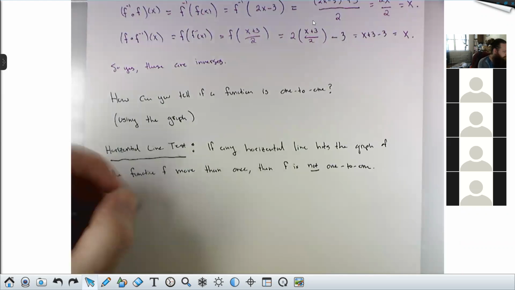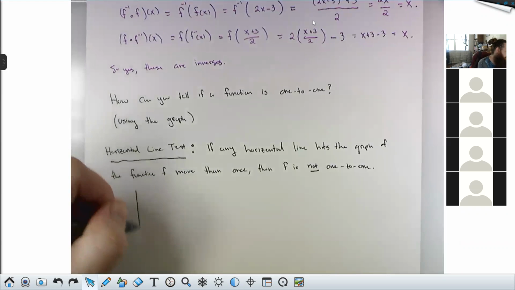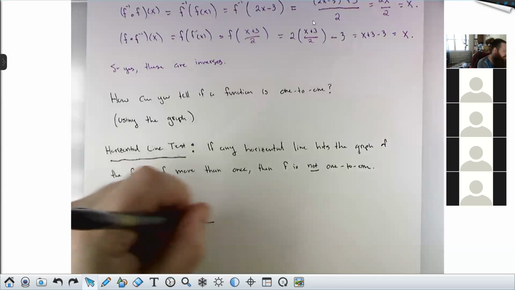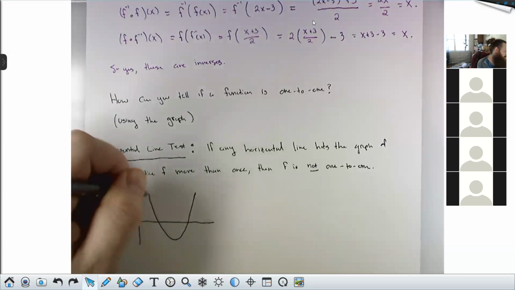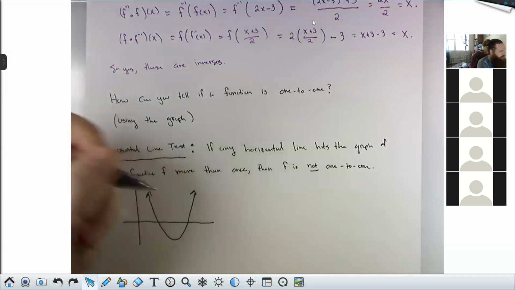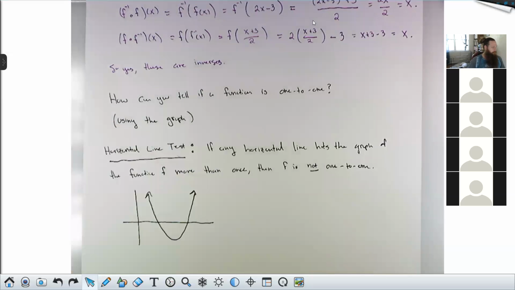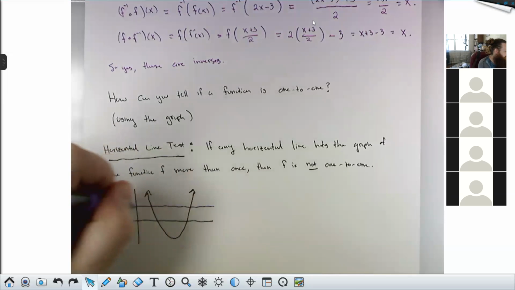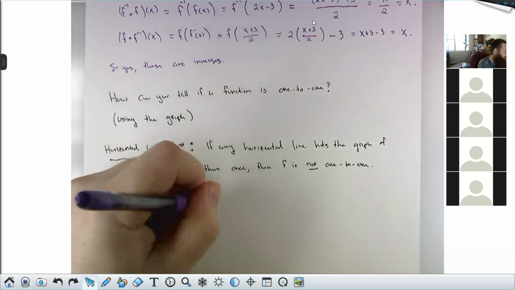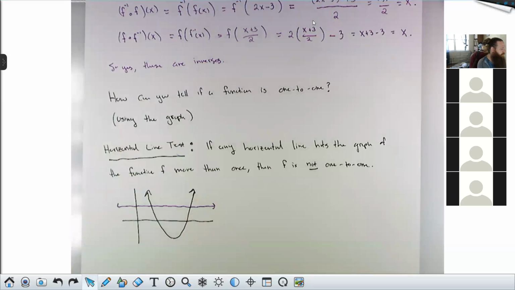The reason for this, picture here to think about. I have some graph here, and I imagine drawing in a horizontal line, and I see, oh no, that horizontal line hits my graph in two places.